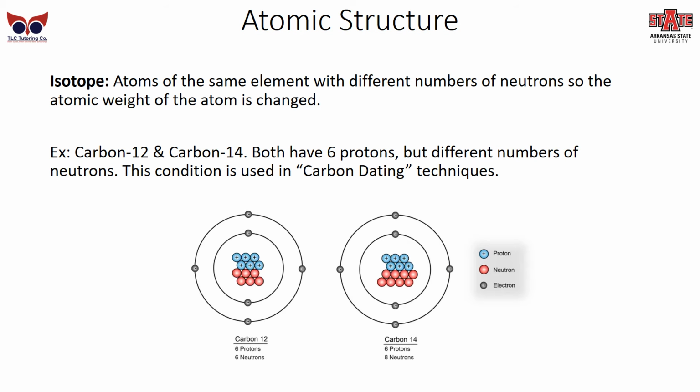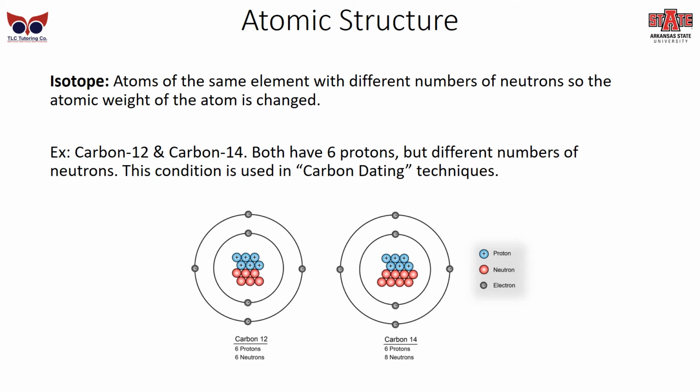Now, once we've talked about atoms, we start talking about how they can differ. First of all, is an isotope. These are atoms of the same element, which means they have the same number of protons, but different numbers of neutrons. And this changes the weight of the atom, because there's just more mass there. For example, if you've ever heard of carbon-14 dating or carbon dating, that tracks carbon-14, which is an unstable variation on carbon.